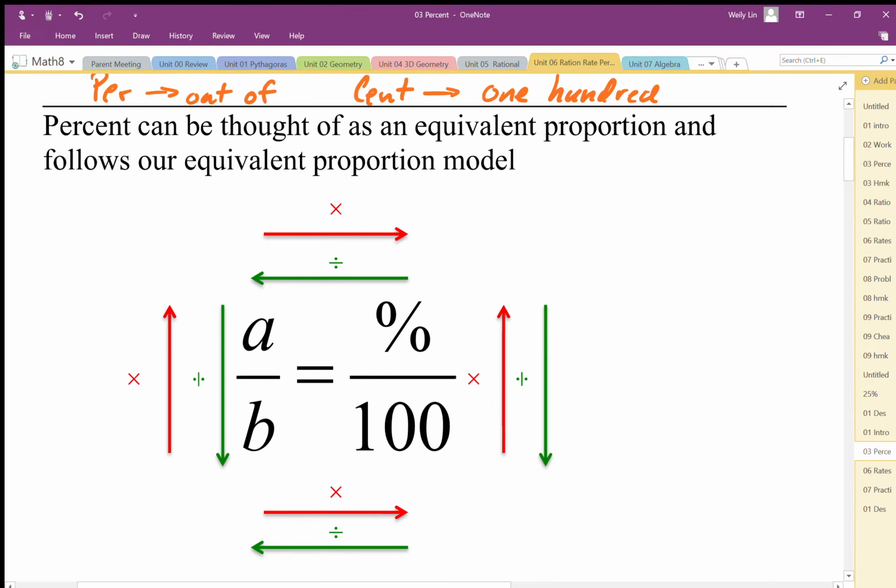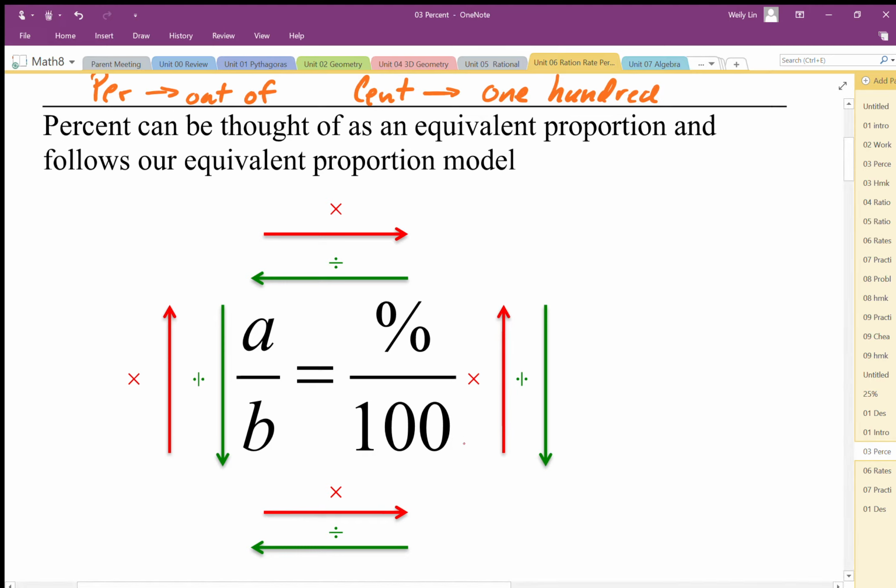So when we think of percentages, fractions, and decimals, we have this proportional equation. We have some percentage. We know that that percentage out of 100 is equivalent to some ratio A over B. And it follows the proportional equation that there are these multipliers, up and down multipliers and divisors, and left to right multipliers and divisors. And the multiplier going up is our decimal percentage.